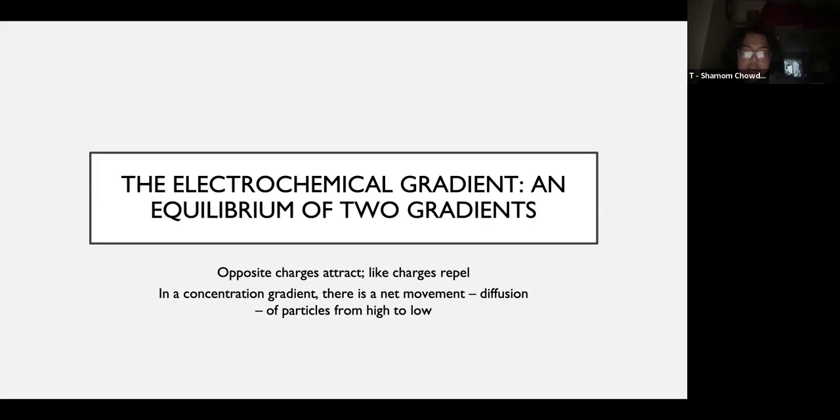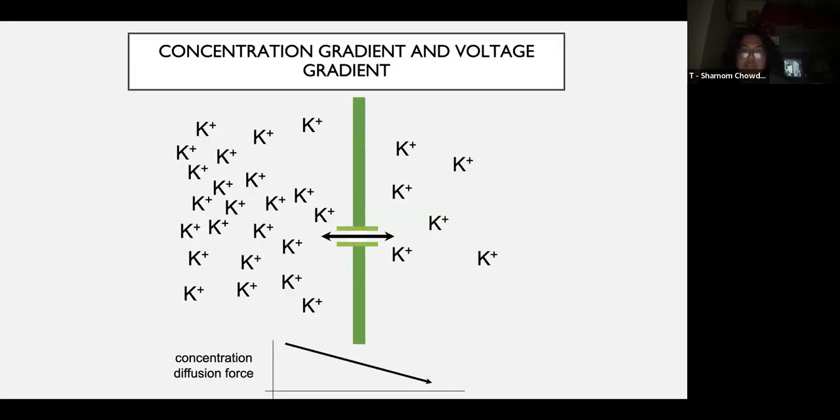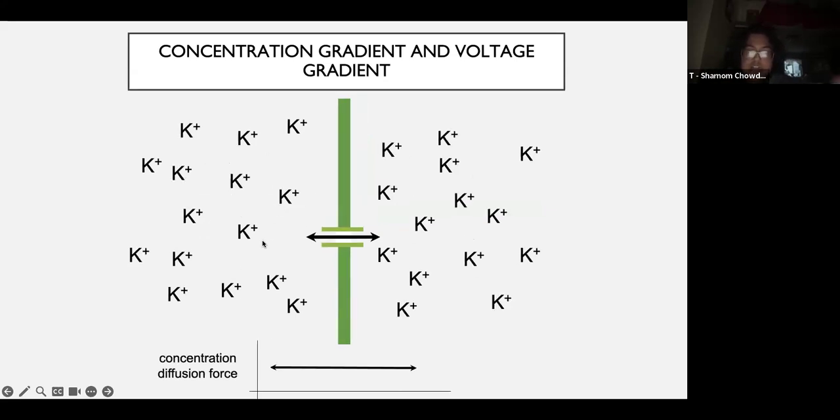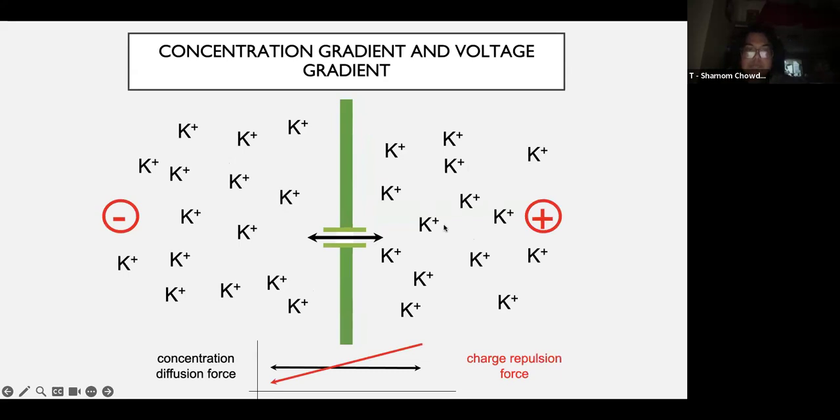So there's an electrochemical gradient within the neuron. Opposite charges attract, like charges repel, and there's a net movement of particles from high to low concentration. Like you see here, there's a concentration gradient. A lot of people wonder why there is so much potassium within the cell and not outside the cell, since it should even out.